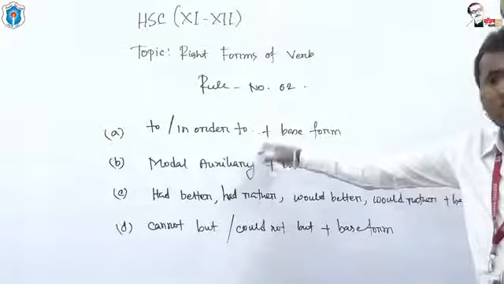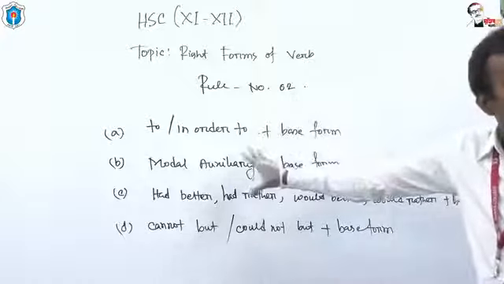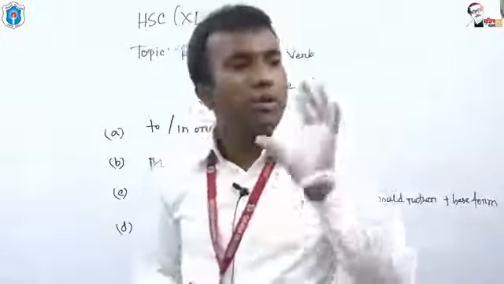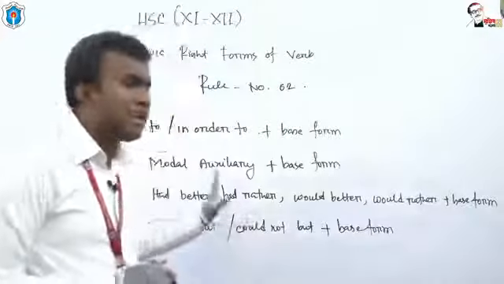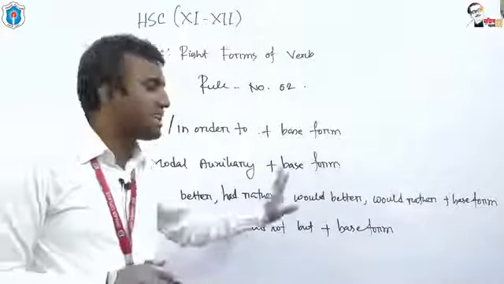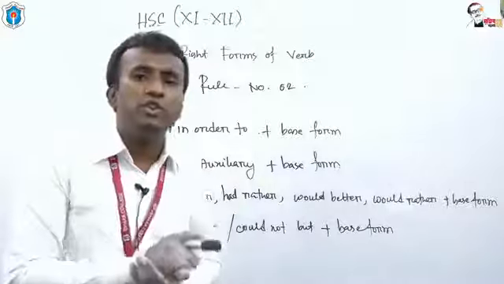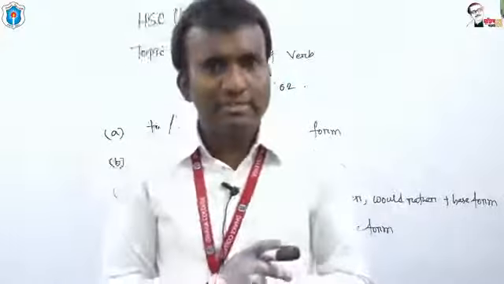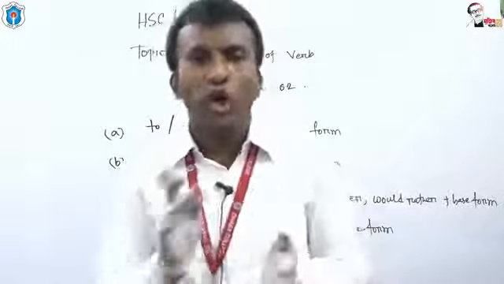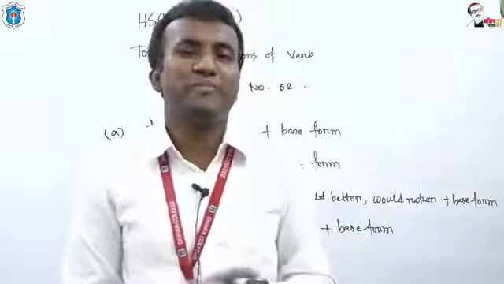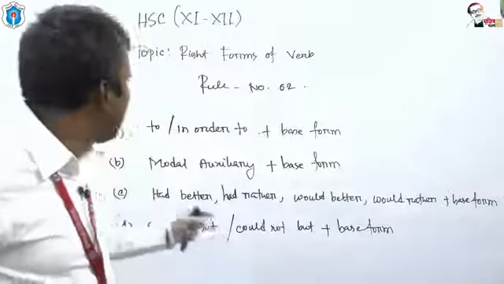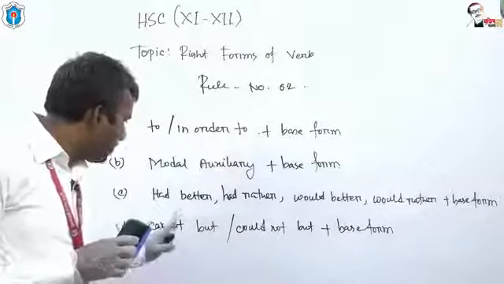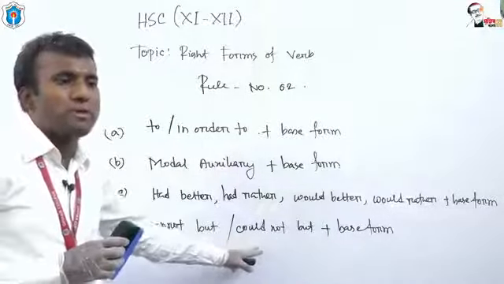After to or in order to, after modal auxiliary, after had better, had rather, would better, would rather, and the last one, after cannot but and could not but, we need to use the base form of the verb. Is the rule clear to you, my dear students? I hope that the rule is clear to you. After to or in order to, and after cannot but and could not but, we have to use the base form of the verb.